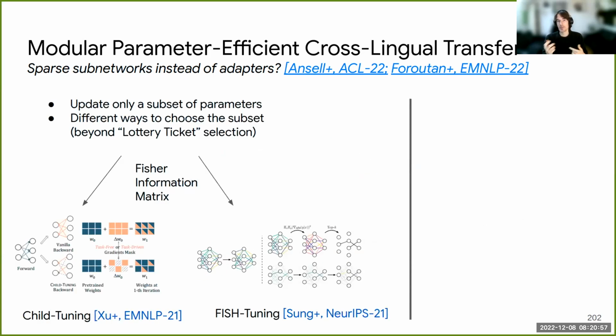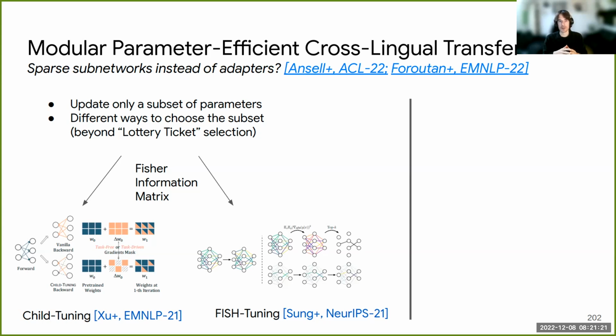Now, there are different ways to choose which subset of parameters should go into those language and task masks. You've already heard about the lottery ticket selection procedure, which is one of the ideas. And there's a whole body of work on extracting those subnetworks, typically in monolingual scenarios. And we can apply similar principles here.